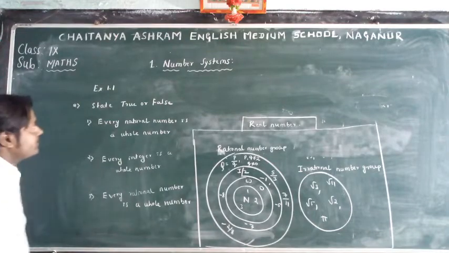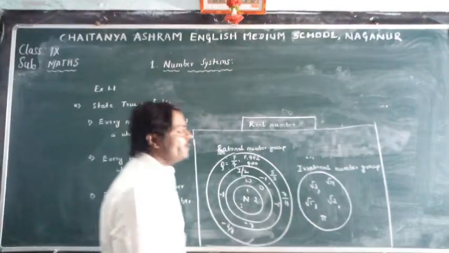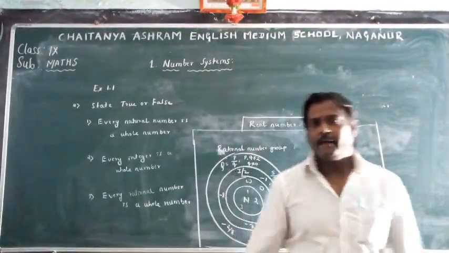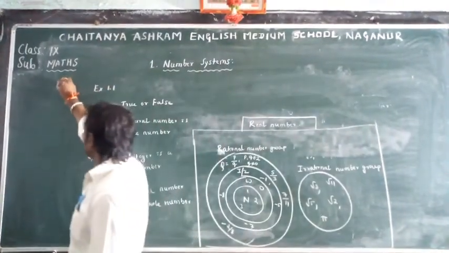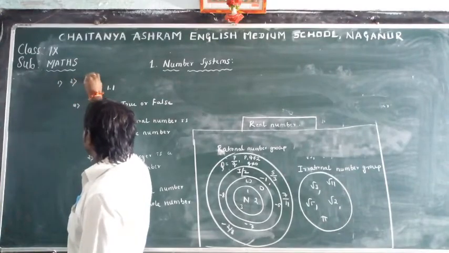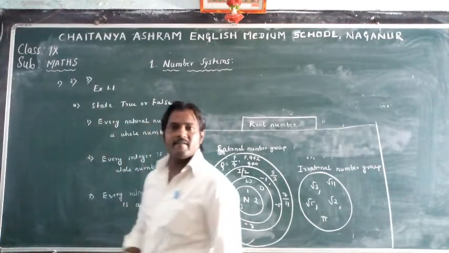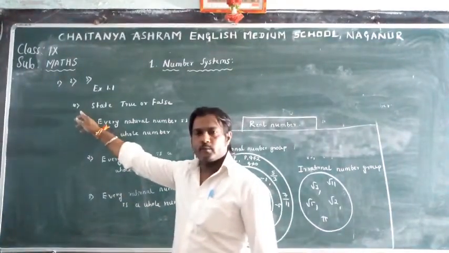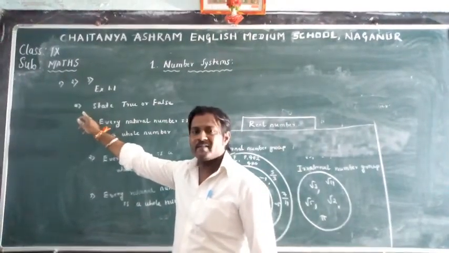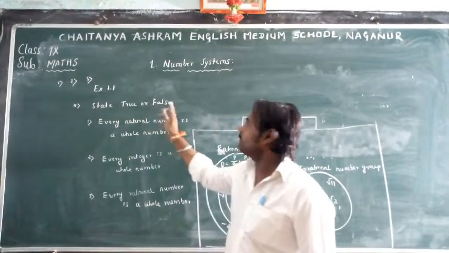Okay, dear children, now we move into the exercise. Exercise 1.1. The first main, second main, third main, we will discuss later. So now we are going to discuss the fourth main. State true or false.